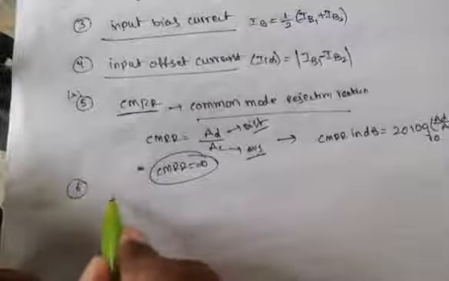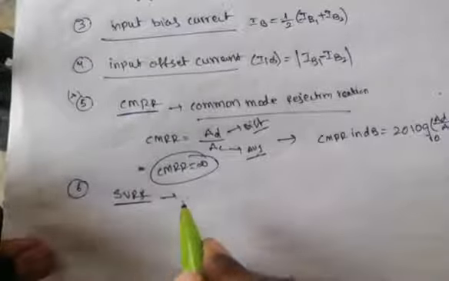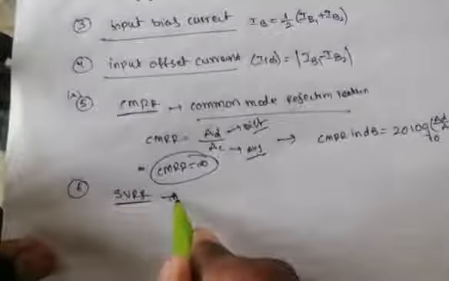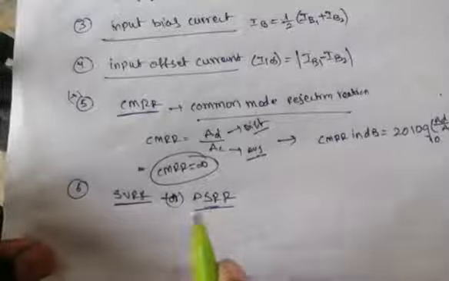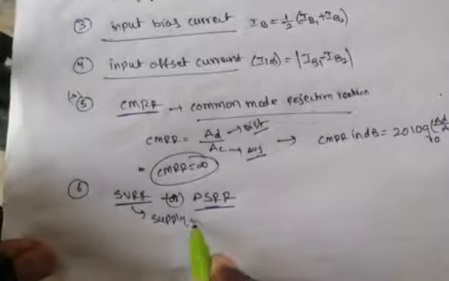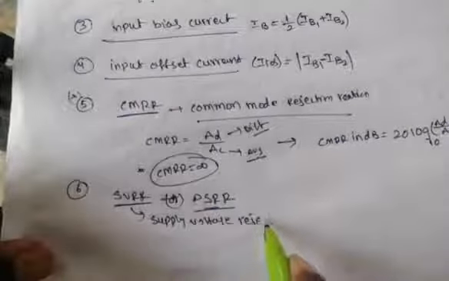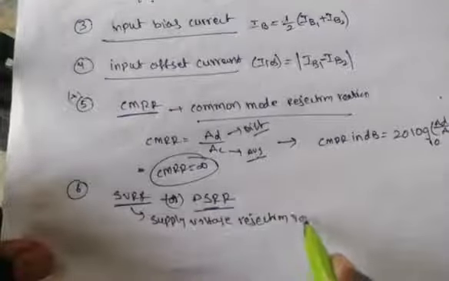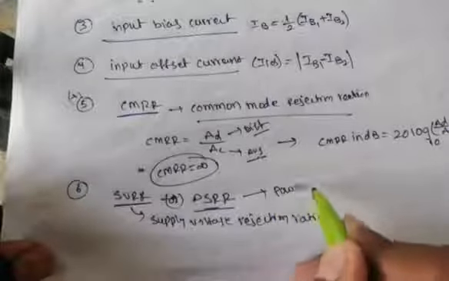And the next point, SVRR. What is SVRR? You have to define this, which is also PSRR. SVRR means supply voltage rejection ratio, or power supply rejection ratio.